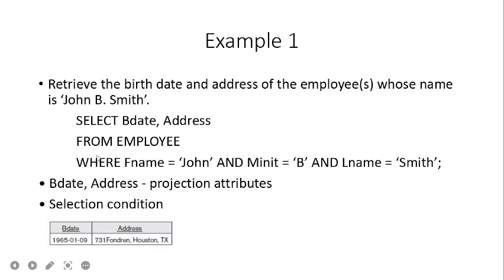So this will return the birth date and address of John B. Smith only. Suppose the birth date is this one and the address is this, then this birth date and address will be returned as the result of this query: select bdate and address from the employee table where fname is equal to John, middle initial equal to B, and lname equal to Smith.